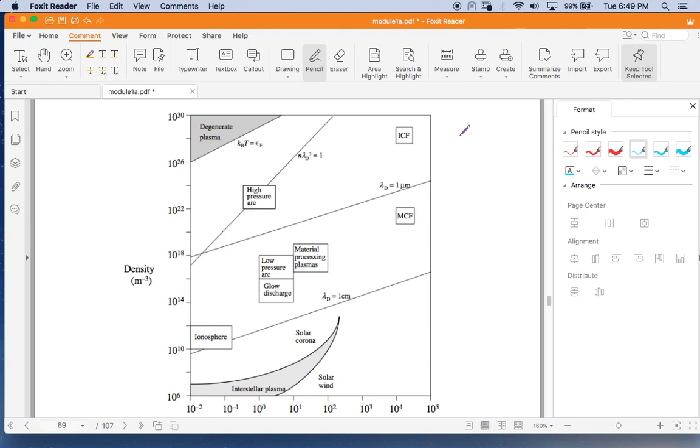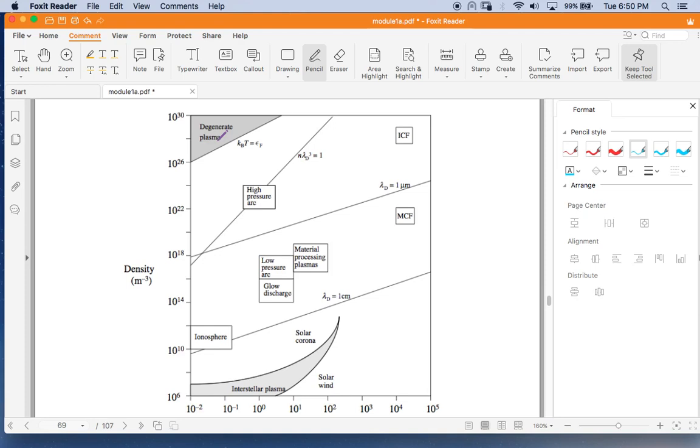There are different confinement strategies, inertial and magnetic, and this is the parameter space occupied by those plasmas. As you can see, very different from astrophysical plasmas. And this would be degenerate plasmas, on the opposite end of astrophysics, very close to a neutron star, for instance.